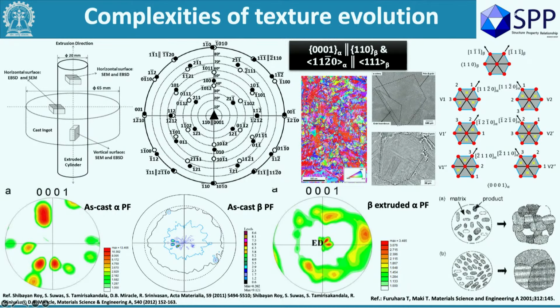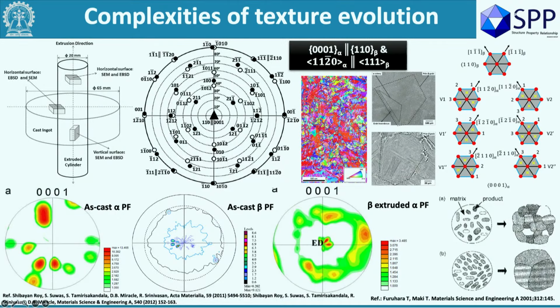Second thing you notice is that they are not equal in number and not equal in size. Actually, that's what controls this entire texture business: number and size. The number is controlled by a process we call variant selection. Certain variants are selected; they form much more easily than others. How and what, I am not going into because that's complex.